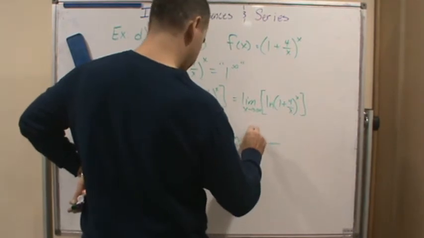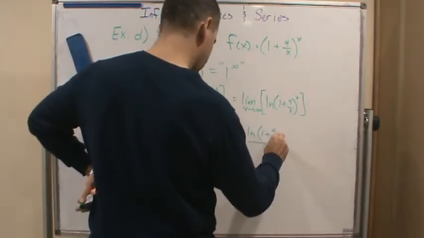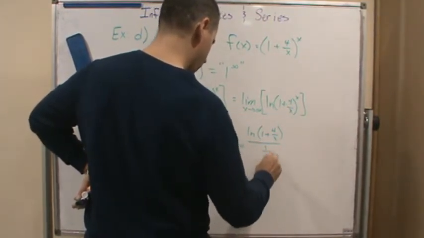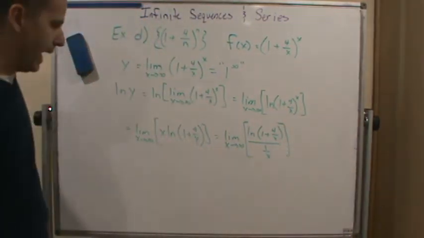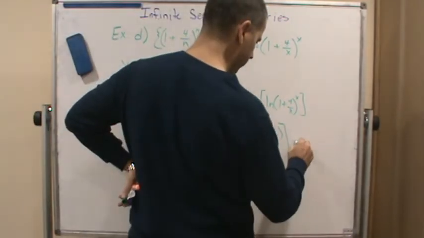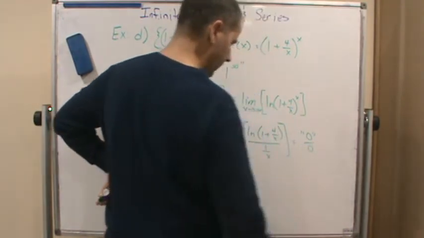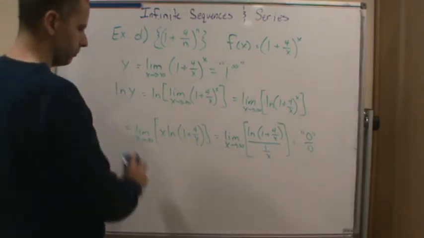So now I'm going to have the natural log of 1 plus 4 over x, over 1 over x. And now this gives me 0 over 0, which is one of the indeterminate forms, and I can use L'Hopital's rule now.